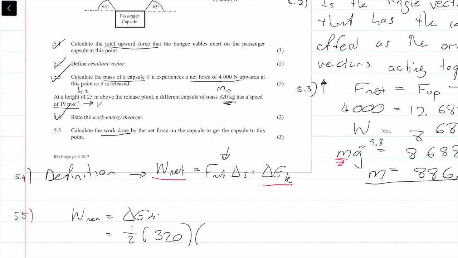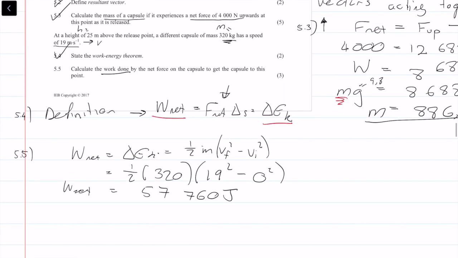It starts from rest, so we go half mass times velocity final squared minus velocity initial squared. The final squared is going to be 19 squared, which was given in the question, minus our initial at rest, which is 0 squared, which is still 0, and we get a work net equal to 57,760 joules. And that's the answer there. So question 5.5, we get 3 marks.